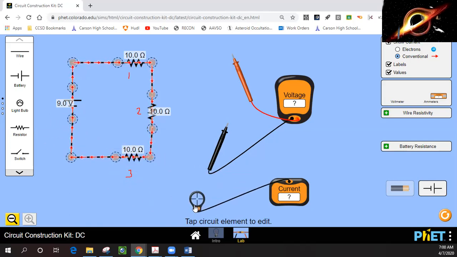The charge cannot be created or destroyed. So Kirchhoff's current law is whatever current comes in, the amps coming in must be the total amps coming out. That's Kirchhoff's current law.